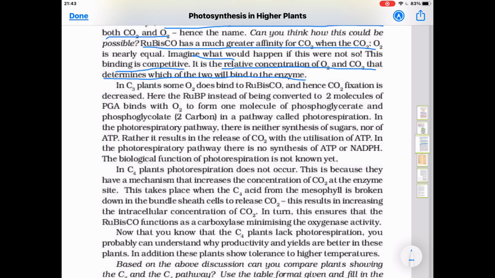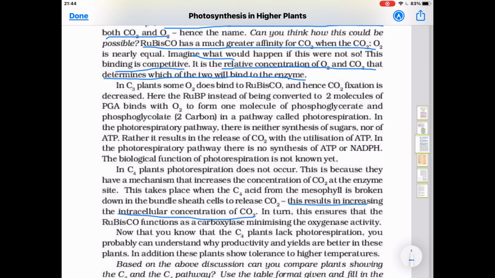This takes place when the C4 acid from the mesophyll is broken down in the bundle sheath cells to release carbon dioxide. This results in increasing the intracellular concentration of carbon dioxide. So in the bundle sheath, the concentration of carbon dioxide increases, and the Rubisco enzyme also is present.